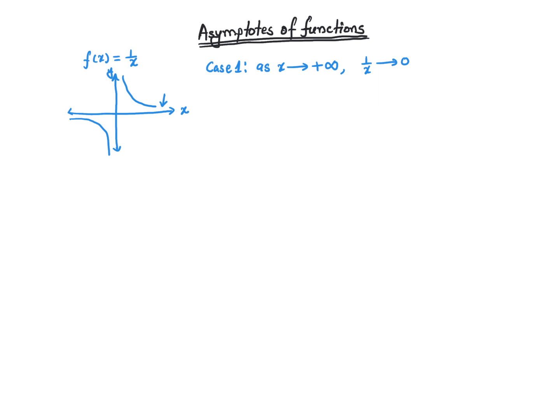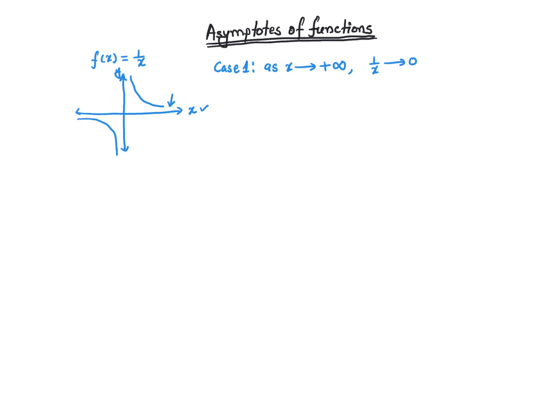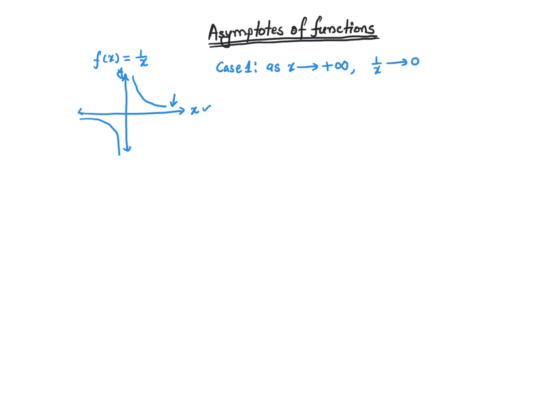And it approaches 0, which means it approaches the x-axis. So that's case number 1. And it's a horizontal asymptote because it's approaching a horizontal line. So this is a horizontal asymptote.